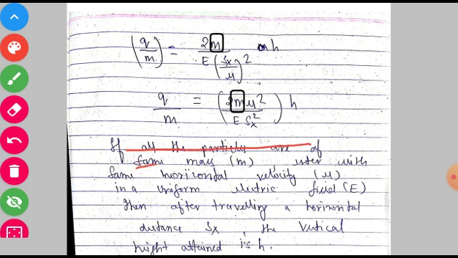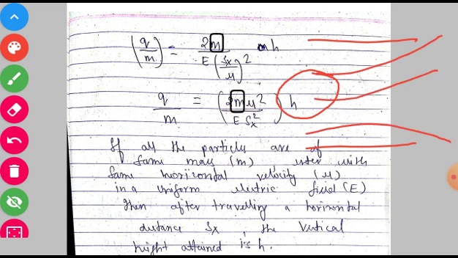Now since all the particles are entering with the same velocity u, in the same electric field E, after traveling some horizontal distance sx, this whole term will be constant for all the three particles, because they are entering with the same velocity, they are moving in the same electric field, and they have traversed the same horizontal distance sx. But their heights h are different.